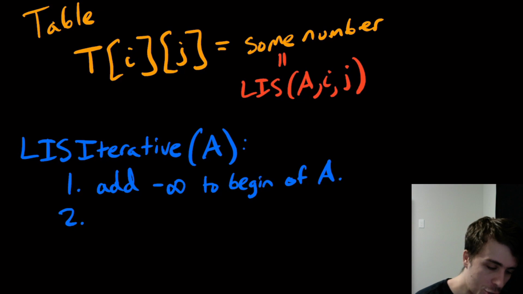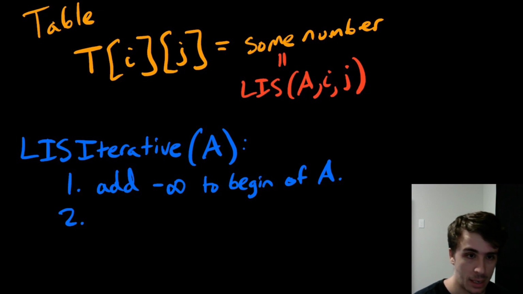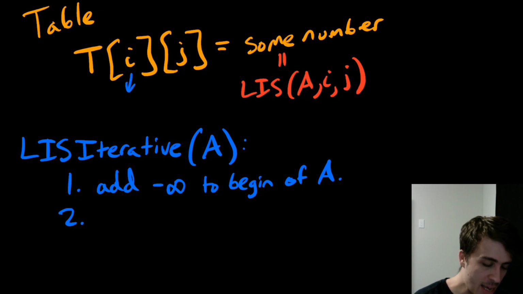So what we're going to do here is have the value i be between 1 and n, and the j parameter is going to go up to n plus 1 here.